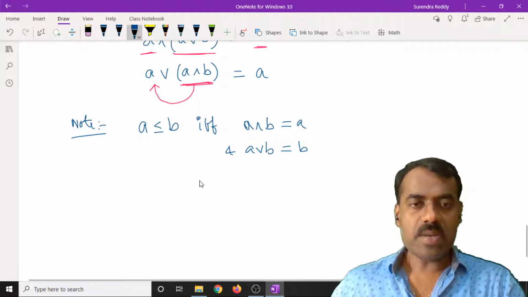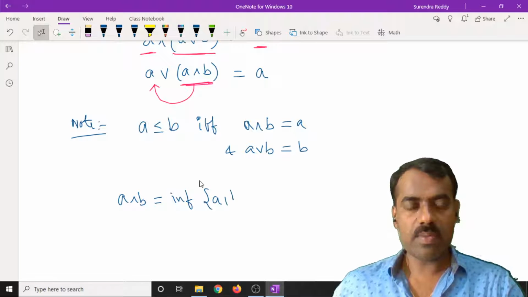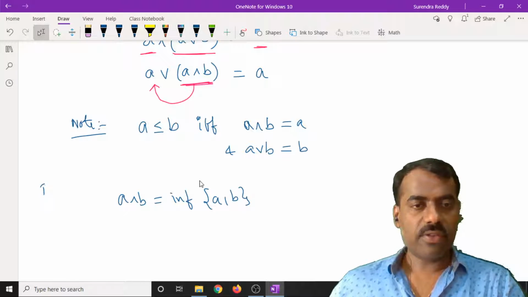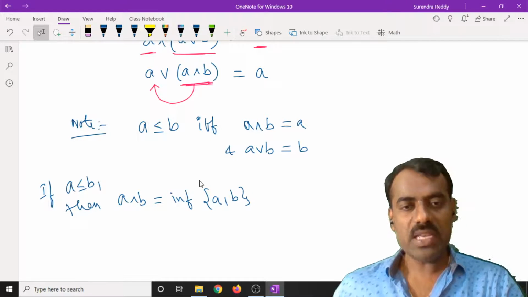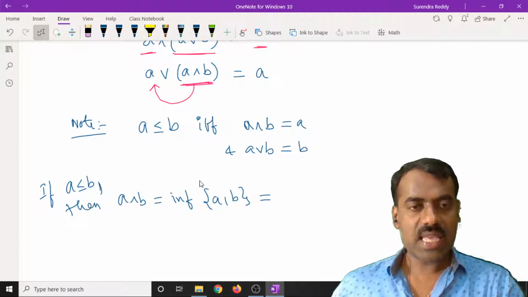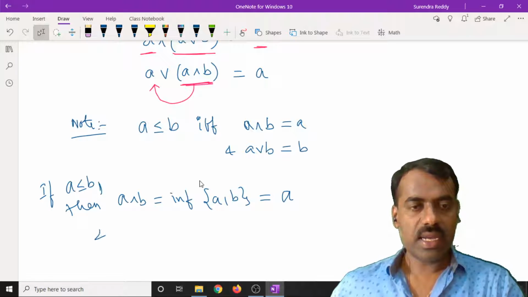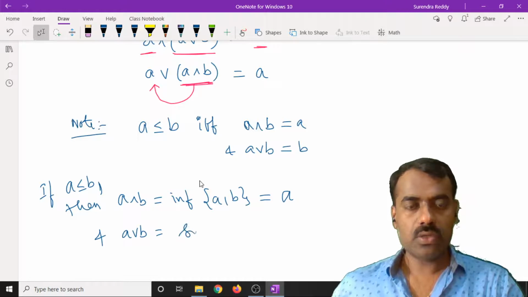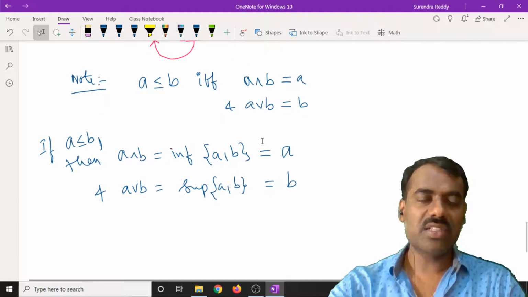Because A meet B by definition is the infimum of A comma B, but if A is less than or equal to B, then A is a lower bound and it will be the greatest lower bound, so you get A. And similarly, A join B is the supremum of A comma B, but B is an upper bound and it will be the least upper bound, so you get B. Right?